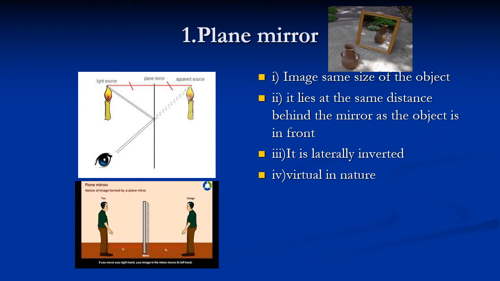In this picture there are three figures. One is a candle in front of the mirror. You can see that the image will be behind the mirror, just laterally inverted.